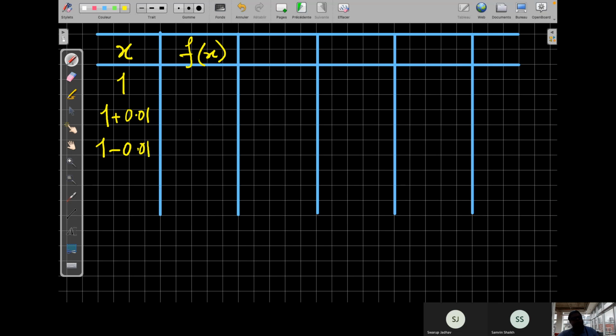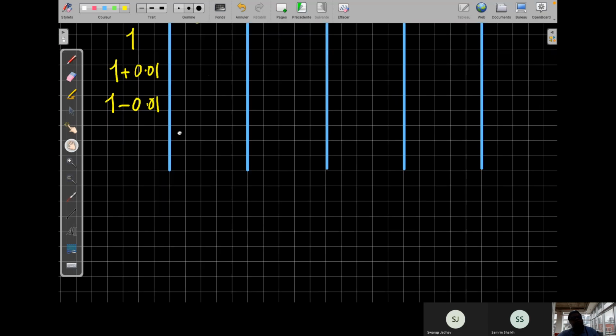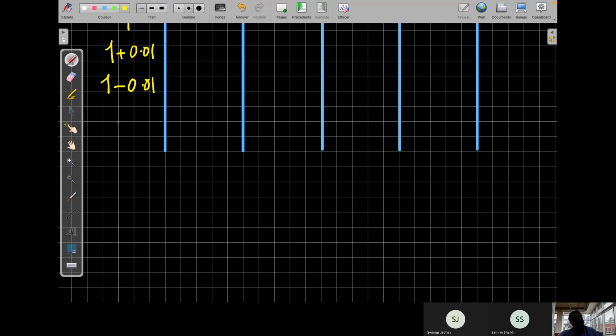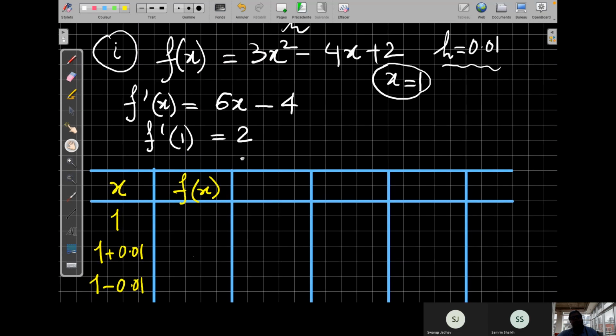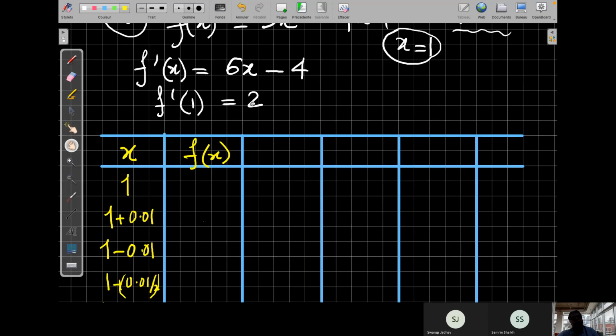Then again find the value at 1 plus 0.01 divided by 2, and then at 1 minus 0.01 divided by 2. Please tell me if you can find it out. Remember, my function is very simple: it is 3x square minus 4x plus 2.